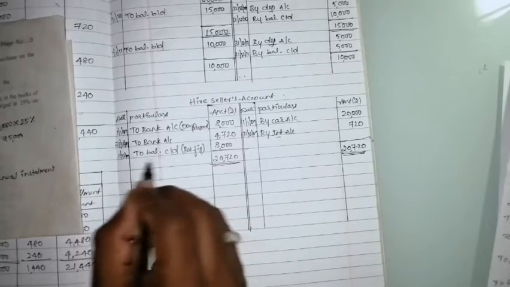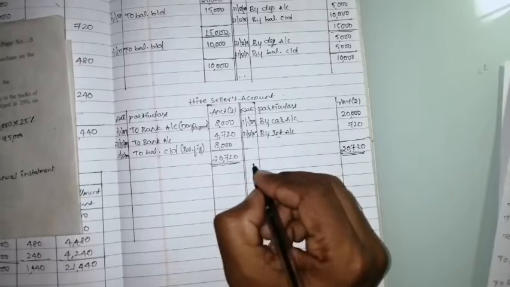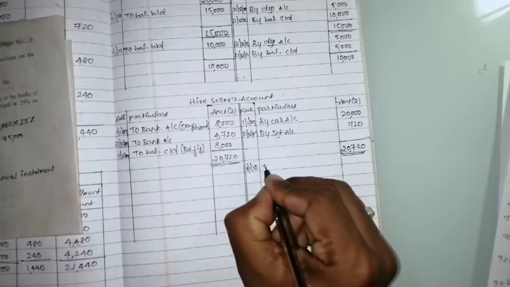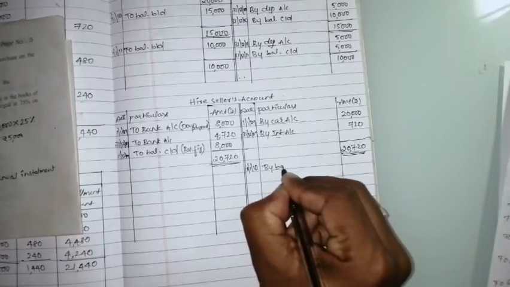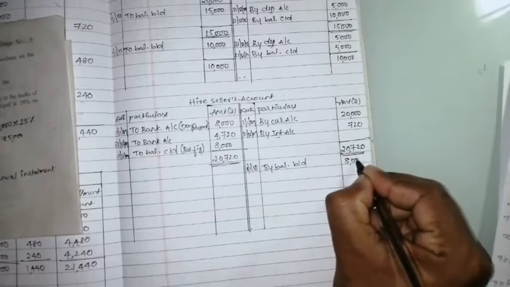So this last year closing balance will be the opening balance for the current year, right? 1/1/2010, by balance brought down, how much? 8,000.